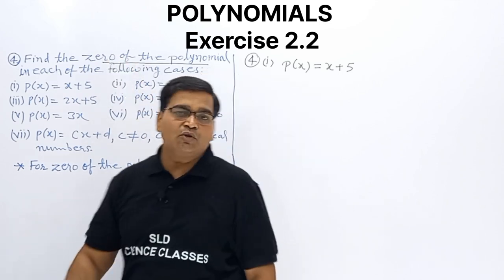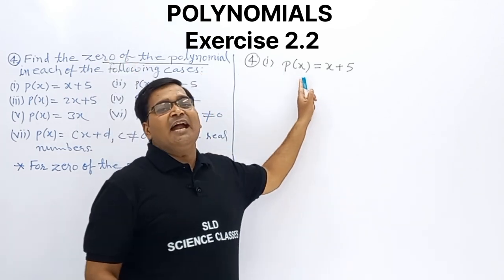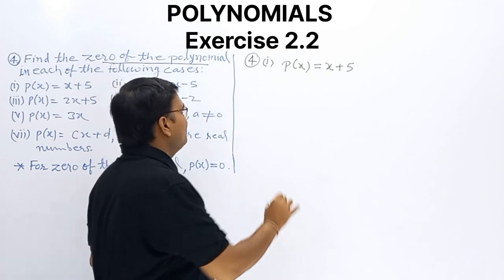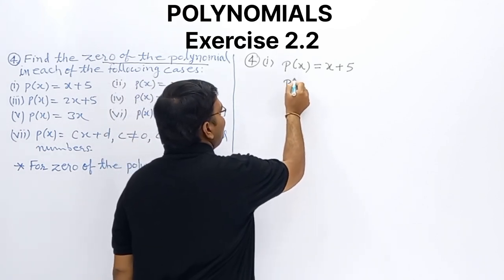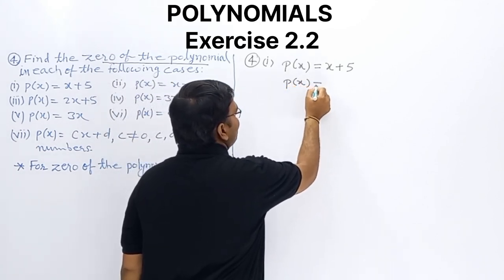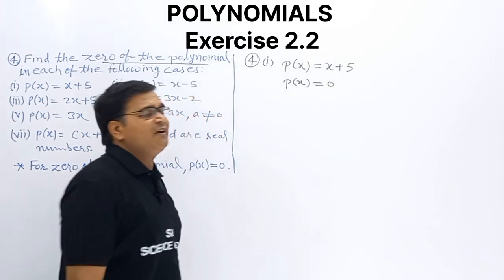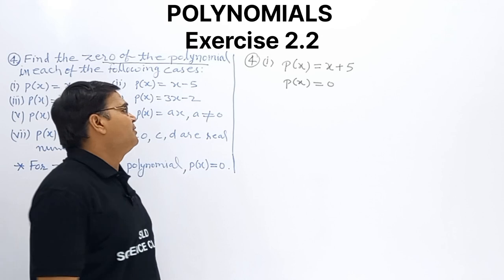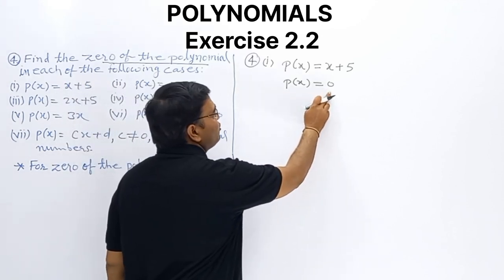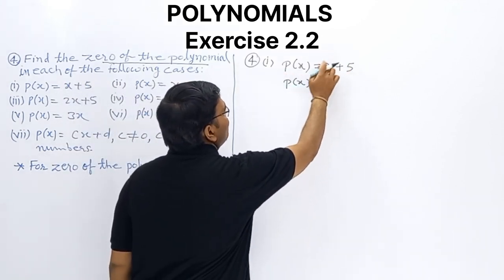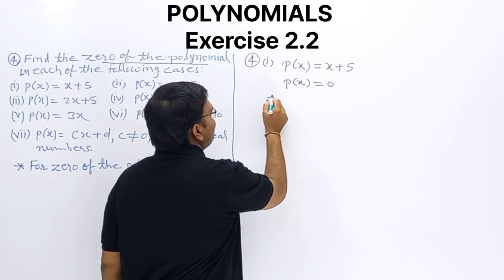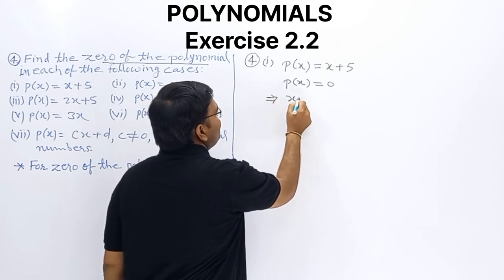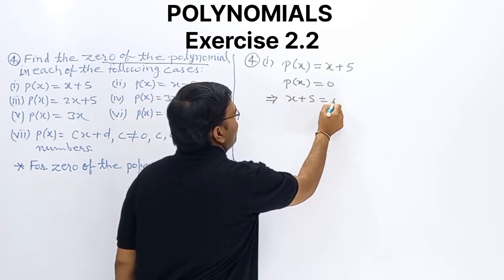So for finding the zero, we should put that polynomial equal to 0. What is the meaning? Put p of x equal to 0. So p of x equal to 0, then putting this value there, what do we get? x plus 5 equal to 0.